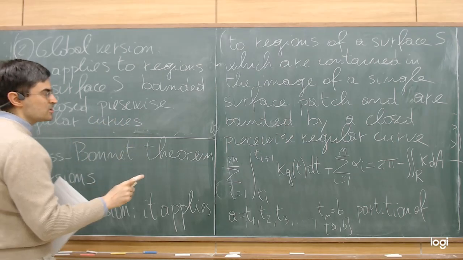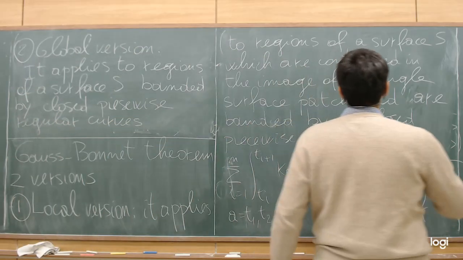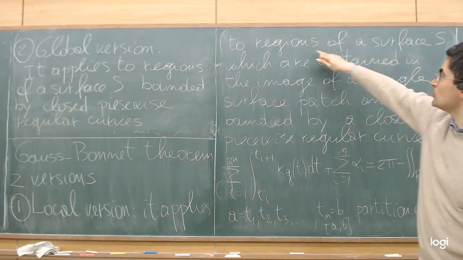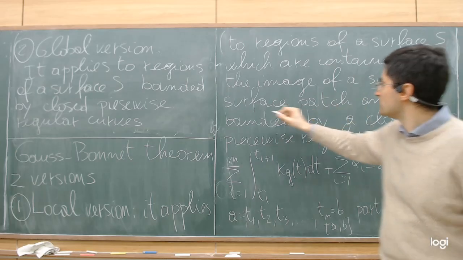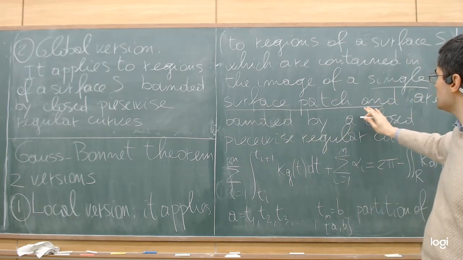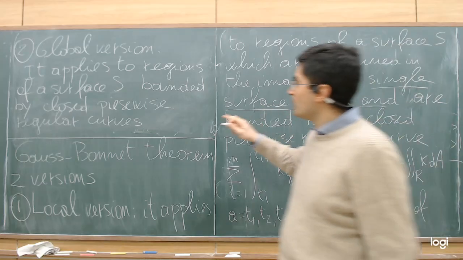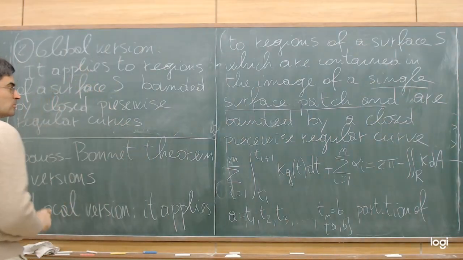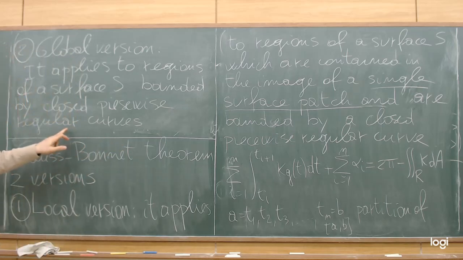So the difference between this version and this one is that I don't need the region to be covered by a single surface patch, and the boundary of the region is not just one curve, but can be the union of more curves.